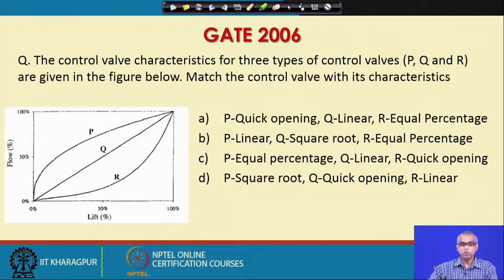Let us now move on to year 2006. The control valve characteristics for three types of control valves P, Q and R are given in the figure below. Match the control valve with its characteristics.